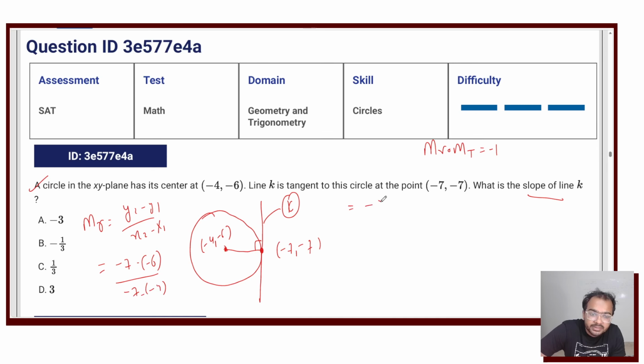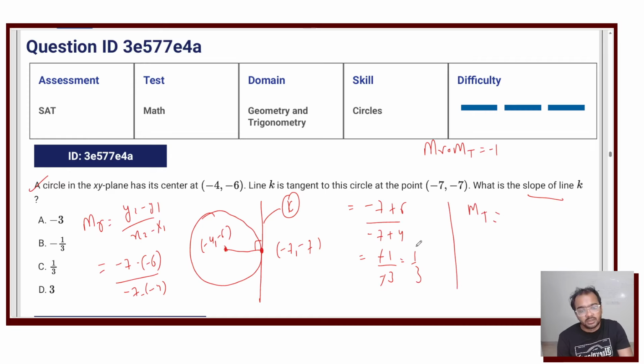So that will be -7 plus 6 divided by -7 plus 4, which is -1 over -3. That comes out to be 1/3. So the slope of the tangent will be the negative reciprocal of this. Reciprocal of this will be 3 over 1 and negative will be -3. So that should be -3.